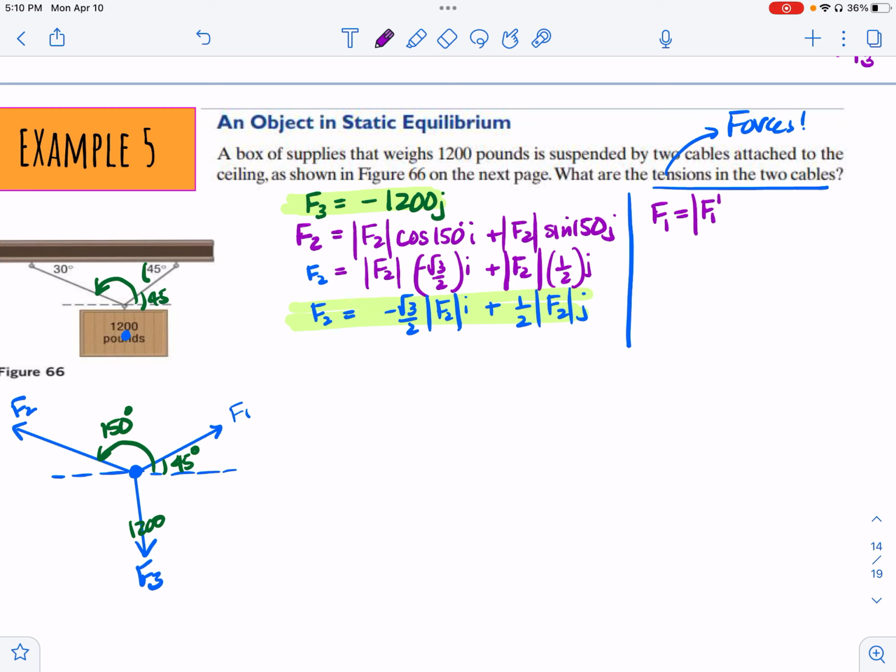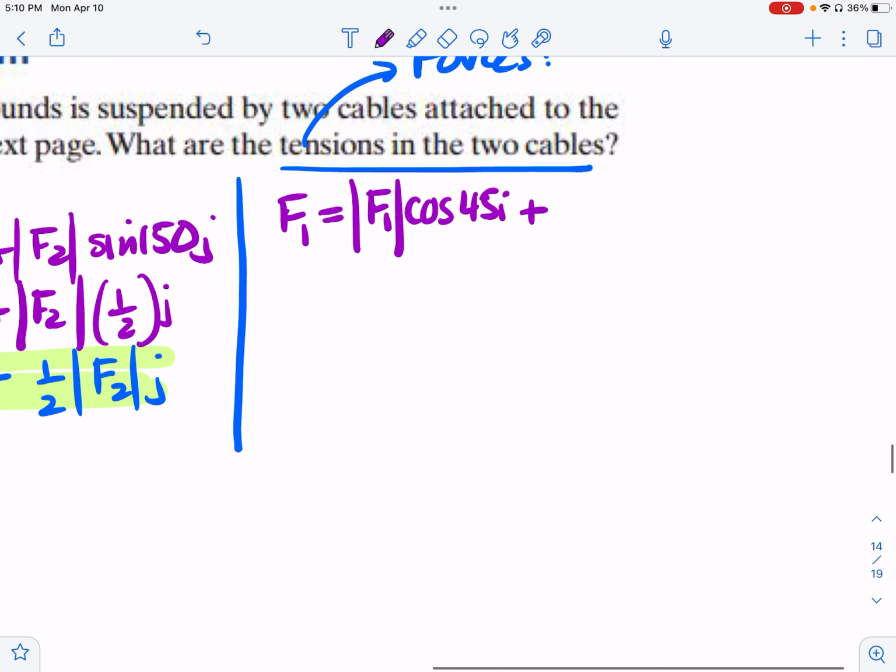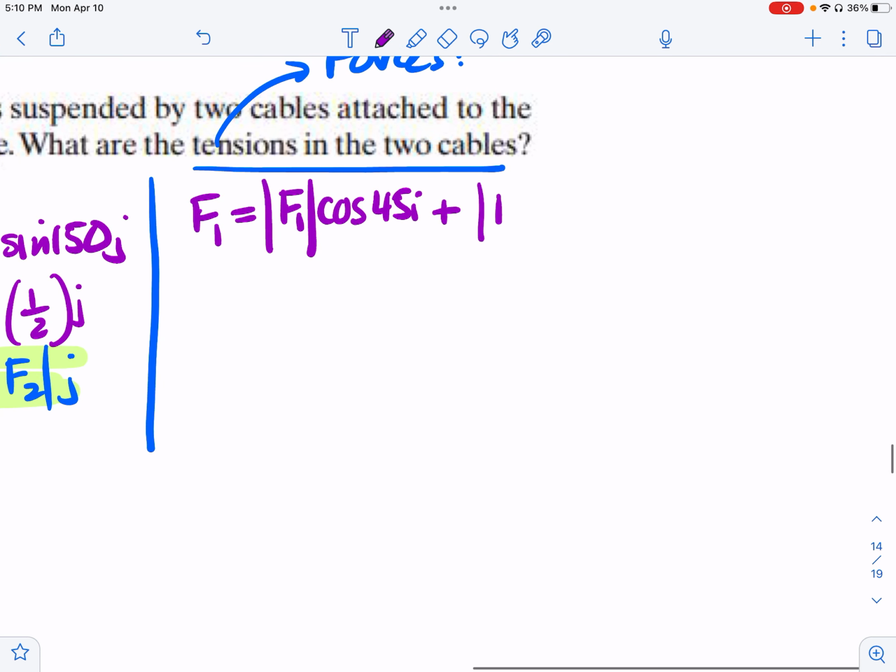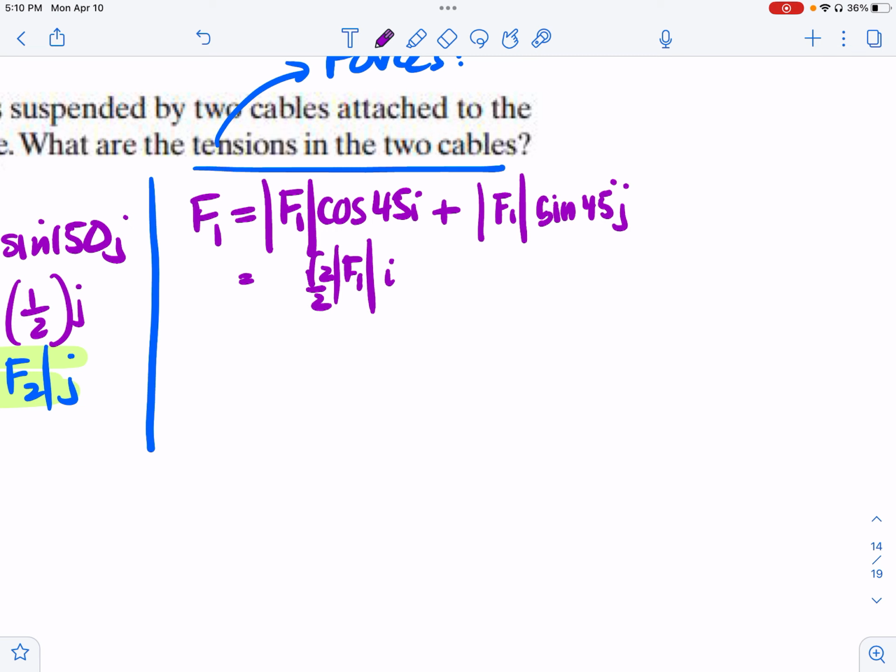So F1 cosine 45 I plus F1 sine 45 J. Root 2 over 2 F1 is the magnitude I plus root 2 over 2, stick a J with it. It's substituted by its values, right? So that's F1, and here's the third vector.